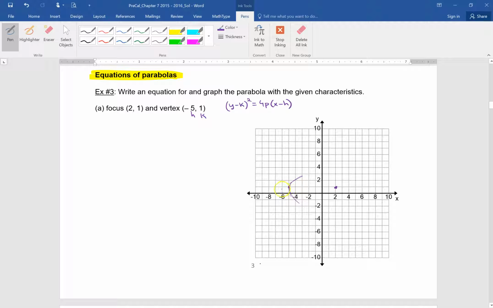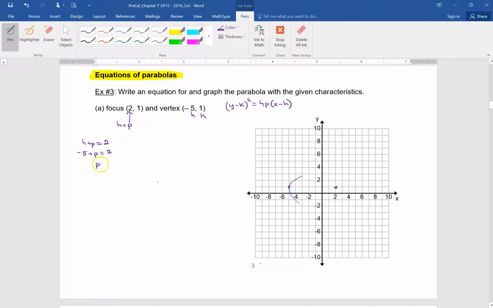Well, look, if I go from the vertex horizontally to the focus, I'm changing the x value, so that means this is h + p. If h + p is 2, that means -5 + p is 2.